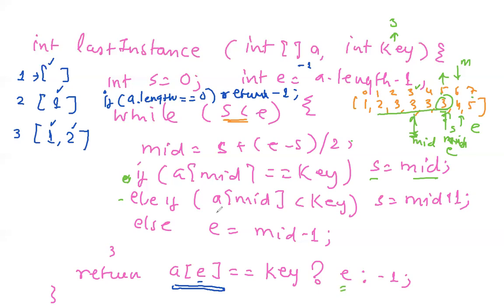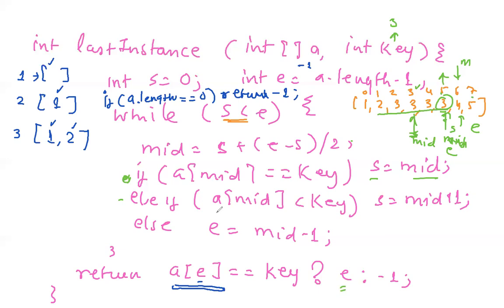Great. Now let's test it for a 1 element array, right? So what will be the 1 element array? Let's say I'm finding the last instance of 1. So what will happen? S is 0, E is 0. A of length is not equal to 0, so I don't return. S is 0, E is 0.